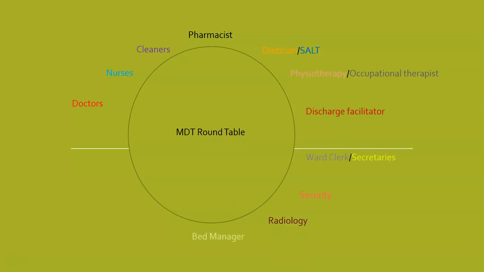Then you have the bed manager. Bed managers oversee the bed space or bed capacity available within the hospital, and they help shift people about as appropriate. Usually there's an 80 to 20 rule, so 80% bed space occupied, 20% should be unoccupied.